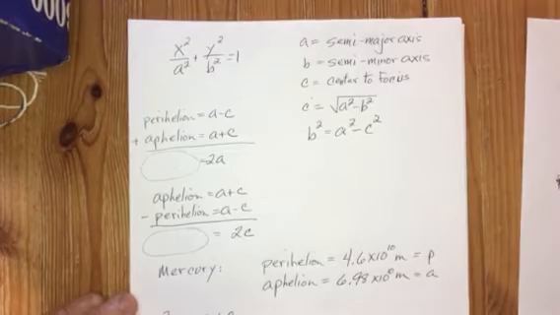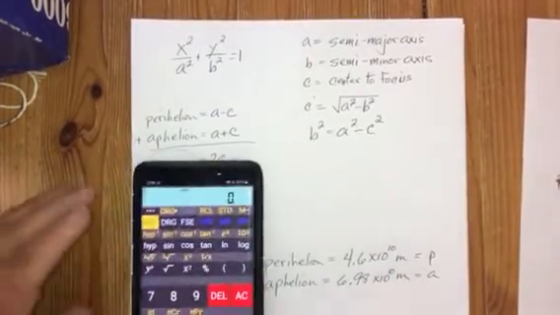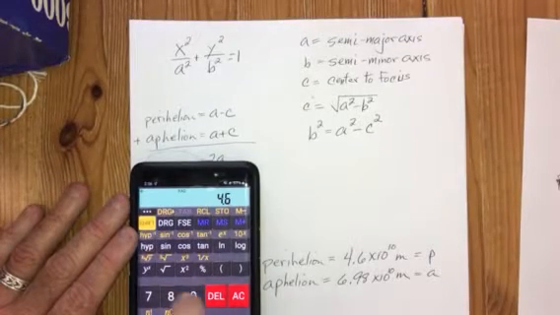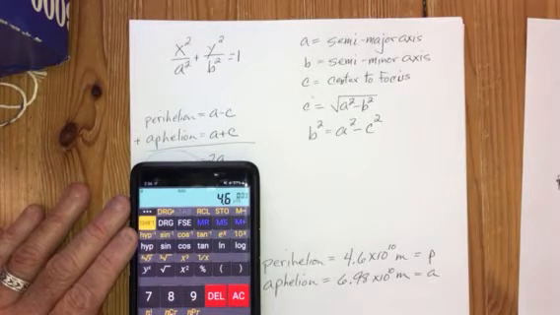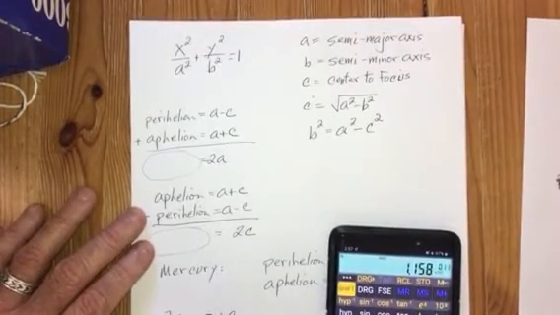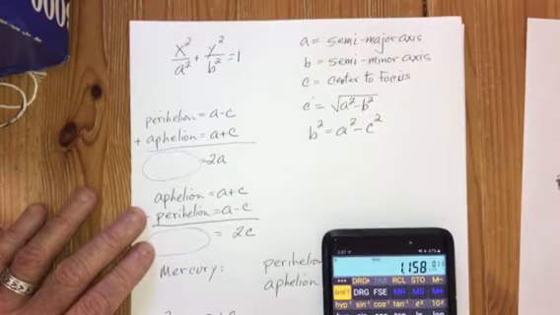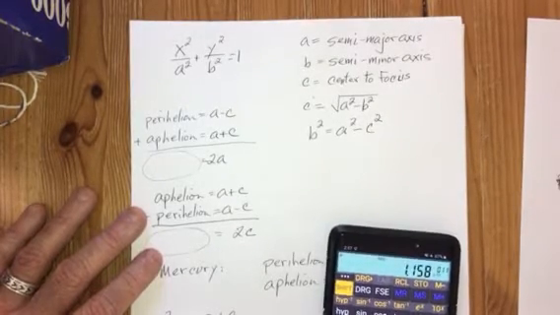So that means that 2a is going to be equal to, it's calculator time. Okay, so we'll have 4.6 exp 10 plus 6.98 exp 10. Okay, and that's the sum of the two of them, which is 1.158 times 10 to the 11th, and that's meters.